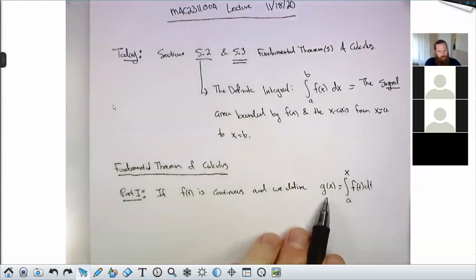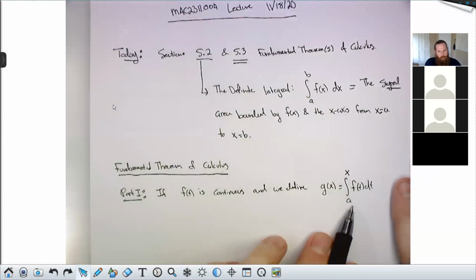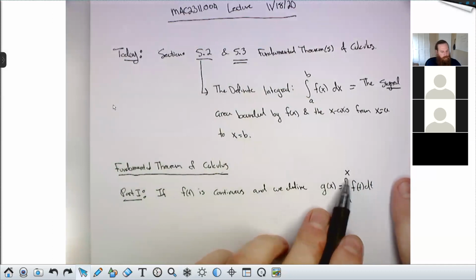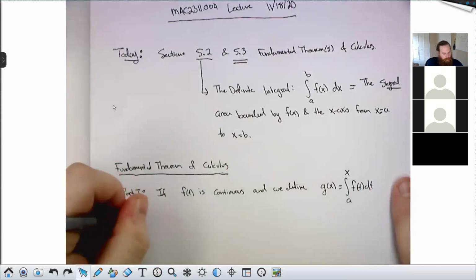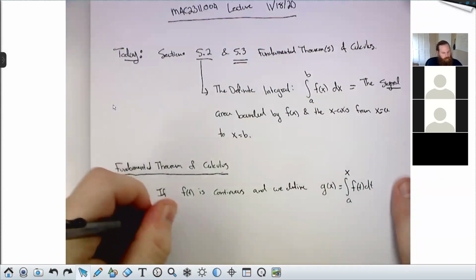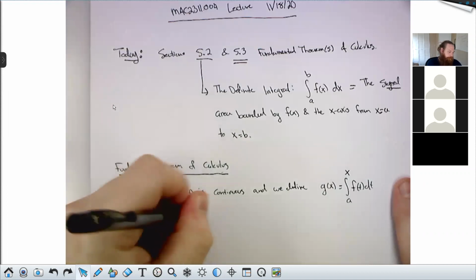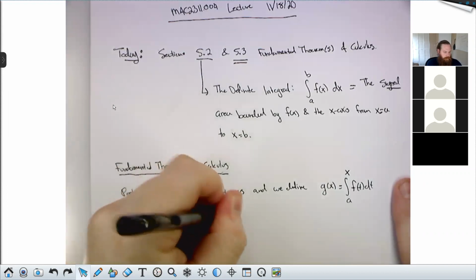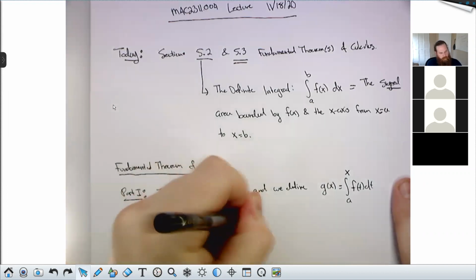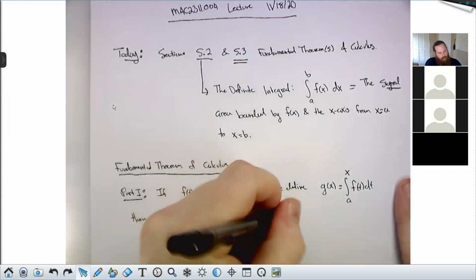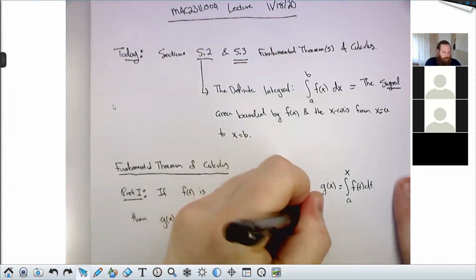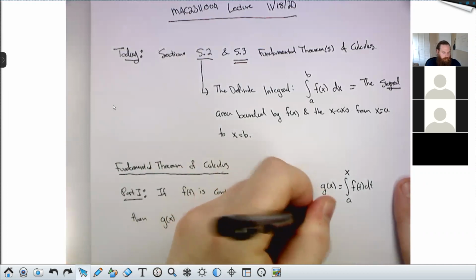So g of x is the area under f from a up to some point x, which is allowed to move around. Then g is differentiable, and g prime is little f of x.